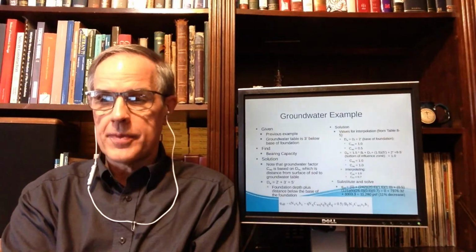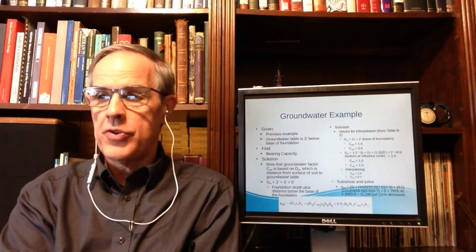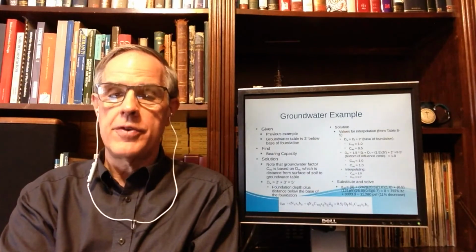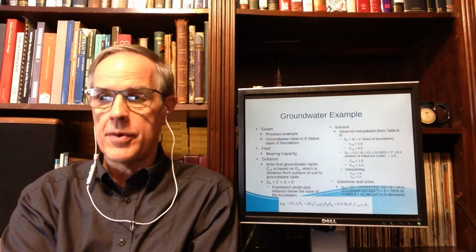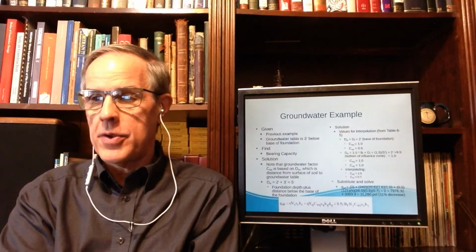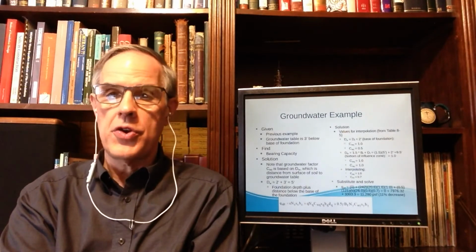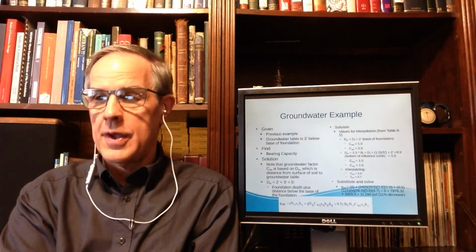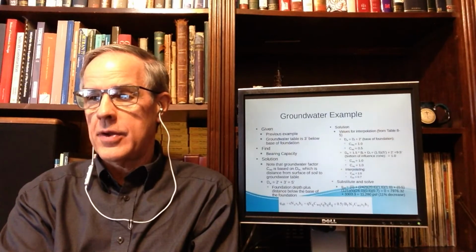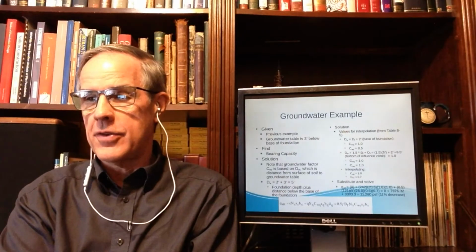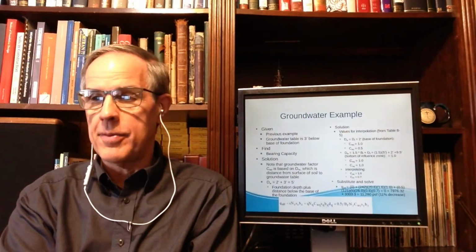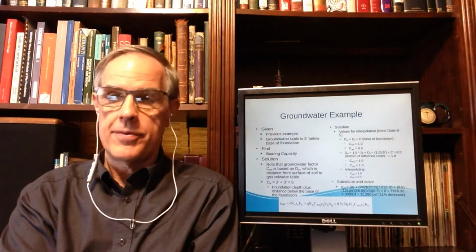After that, the solution from Table 8-5 in your Soils and Foundations Reference Manual gives you the DW, the CWQ and CW gamma values. At 2 feet, the base of the foundation, the CWQ is 1 and the CW gamma is 1/2.